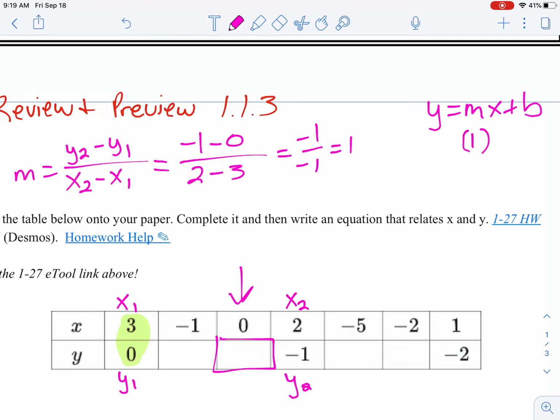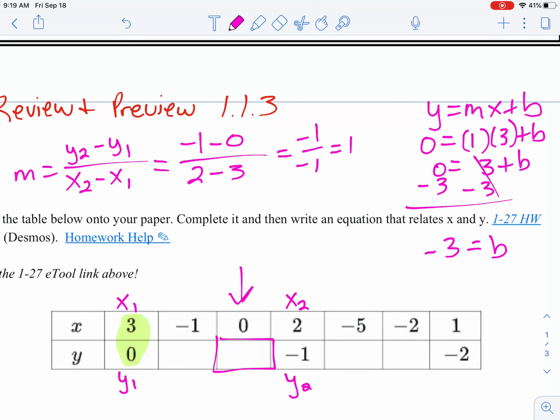So let's go ahead and plug in 3 for x and 0 for y so that we can solve for b. So when y is 0, x is 3, we still don't know the value of b, but we can solve for that. So then I'm going to say 0 equals 3 plus b, subtract 3 from both sides, and now we have b equals negative 3.